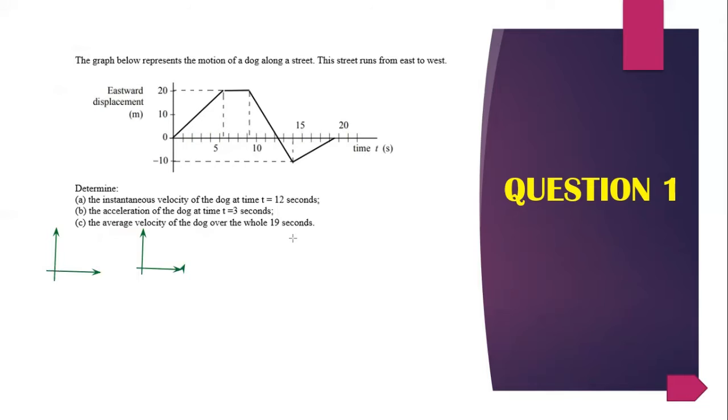Yang pertama, jika y-nya adalah distance atau displacement, let's say d, kemudian sumbu x-nya adalah t, maka kalau kita tarik sebuah garis, gradiennya adalah velocity.